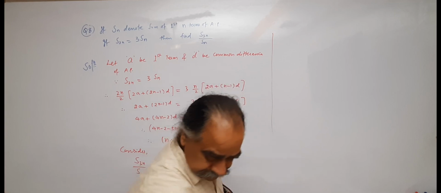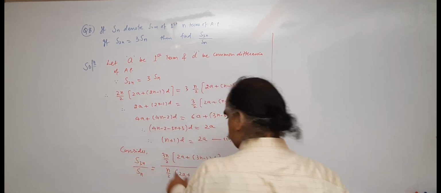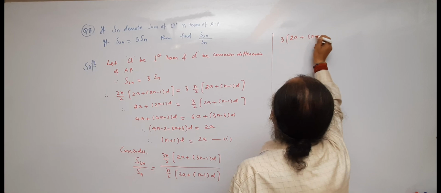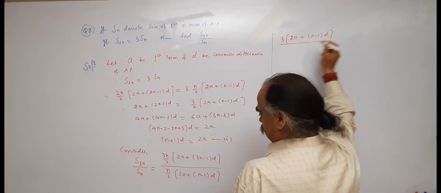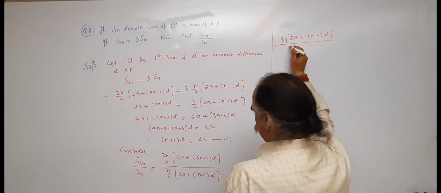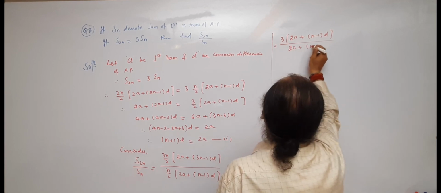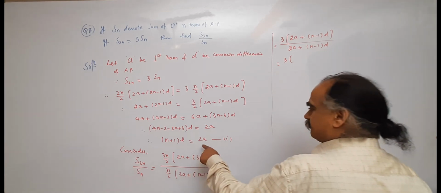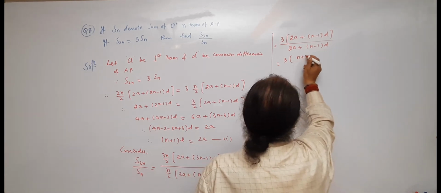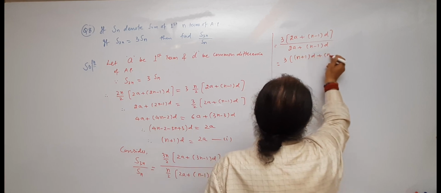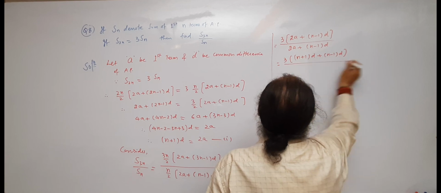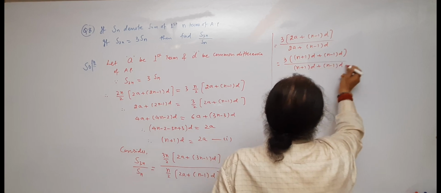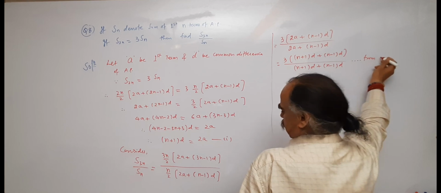So this will give you 3 into 2a plus 3n minus 1 into D upon 2a plus n minus 1 into D. Putting the value of 2a as n plus 1 D, we get n plus 1 D plus 3n minus 1 into D upon n plus 1 D plus n minus 1 D. Reason from 1.